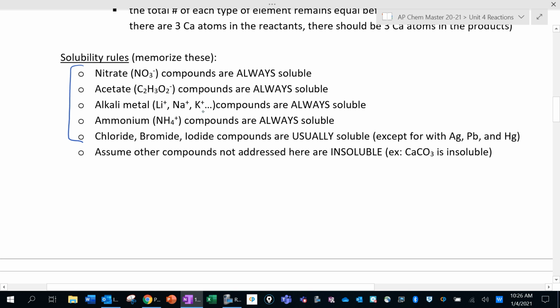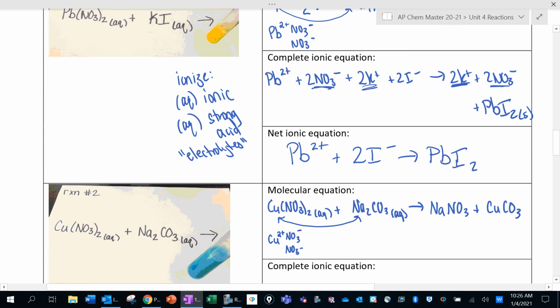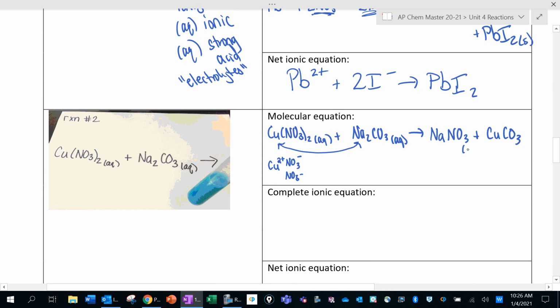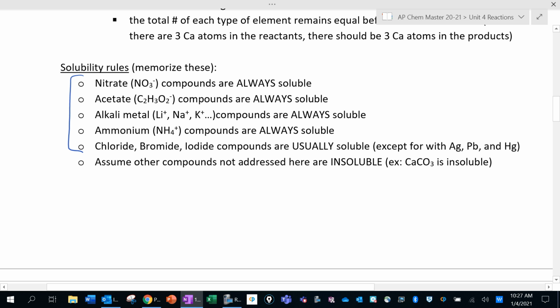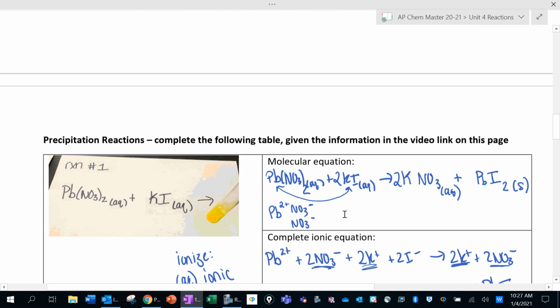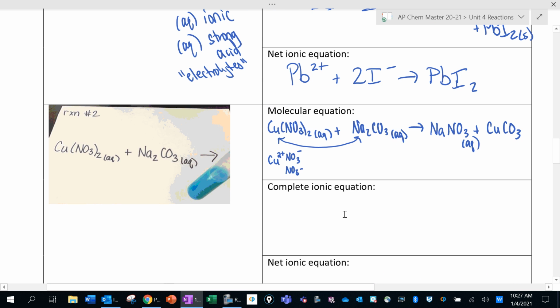So compounds containing potassium and nitrate, they're always going to be soluble. In this case, sodium and nitrate. So if it's soluble, I'm going to put an AQ by it because it's going to be aqueous. Copper carbonate, if I look up here, copper and carbonate are not on my list of soluble things. So if it's not on this list, I'm going to assume that it's insoluble. So copper carbonate is insoluble. It's going to form a solid.